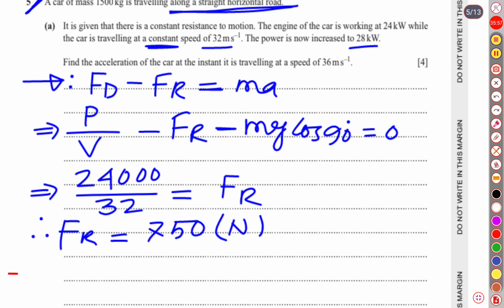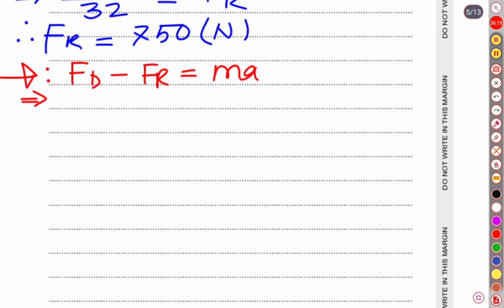The direction is the same, the car is still moving on a horizontal straight road, and the concept is the same as usual: driving force minus resistance to motion is equal to mass into acceleration. Driving force is P over V, power over velocity.